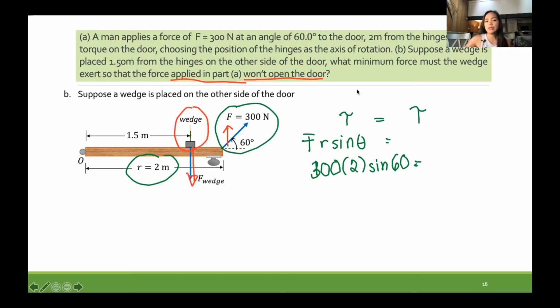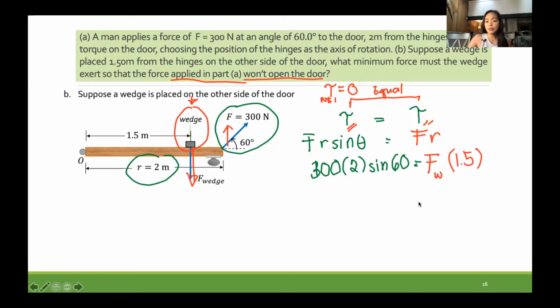That means the net torque is 0, or simply the torques are equal. If you compute the torque on this side, that would be force times R, which is the force of the wedge with an R of 1.5.